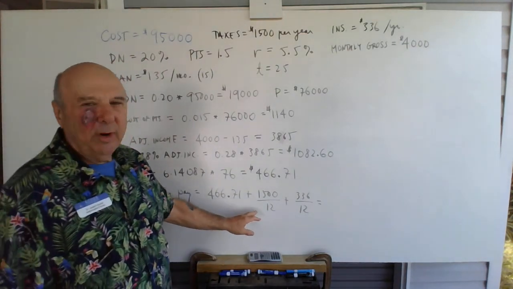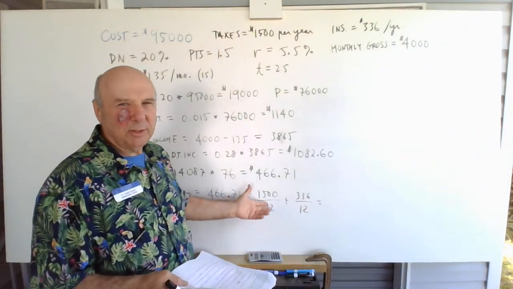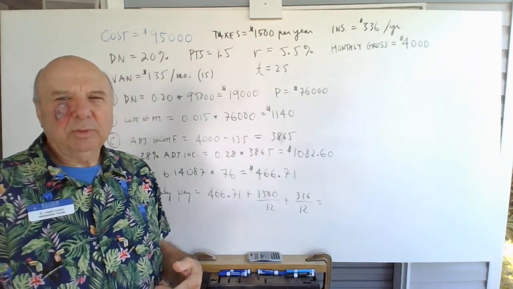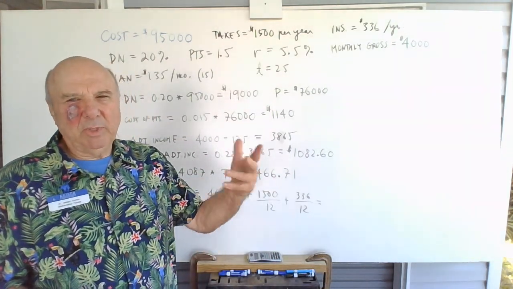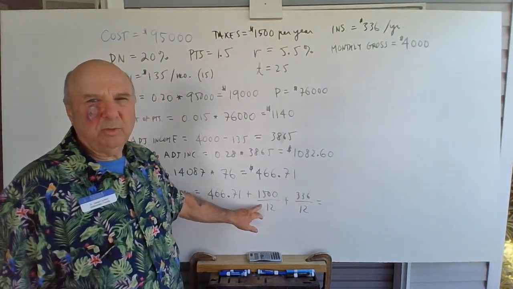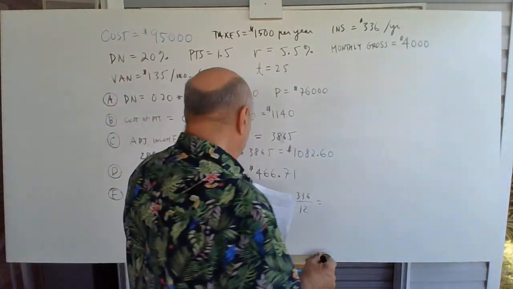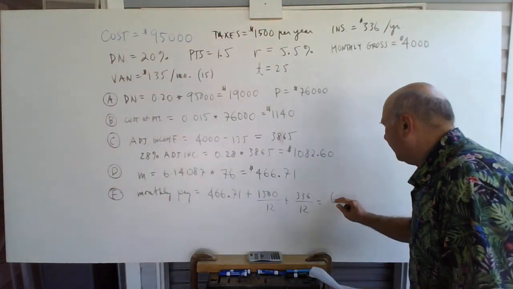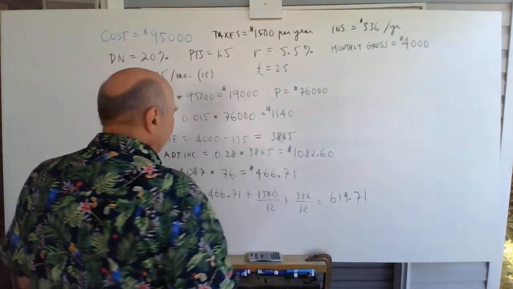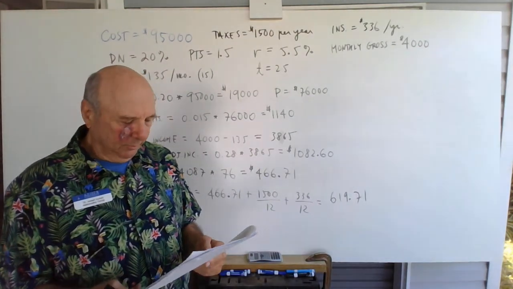Now, you don't actually pay the insurance company and the city the taxes on a monthly basis. The bank takes care of that. They escrow the amounts, and they build it up. Because the insurance is only due once a year, and taxes are typically due twice a year. That's the way most cities work it. So when you do the arithmetic here, you get $619.71. So does Kathy qualify for the loan? An emphatic yes.